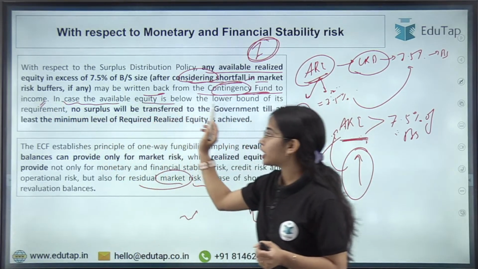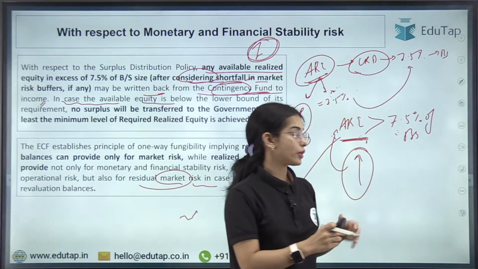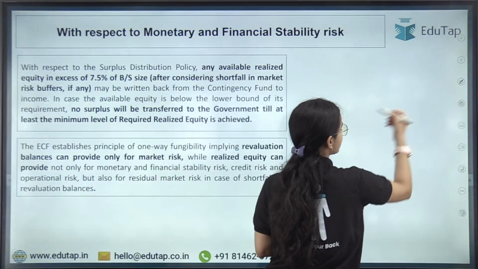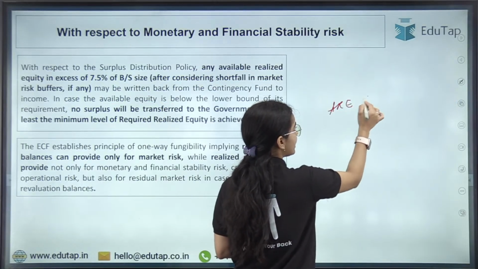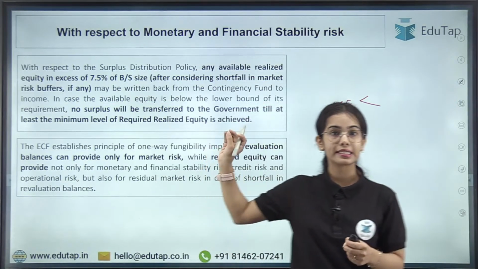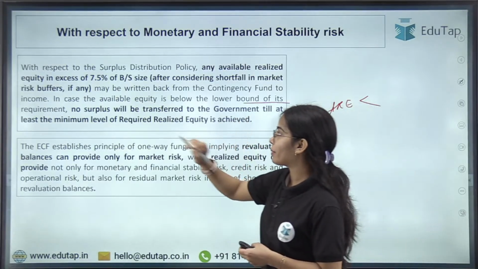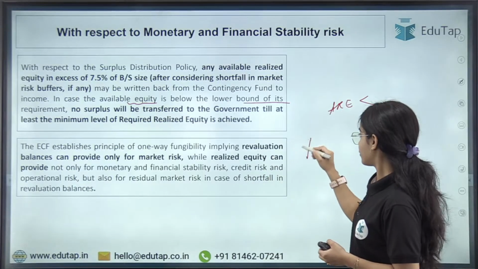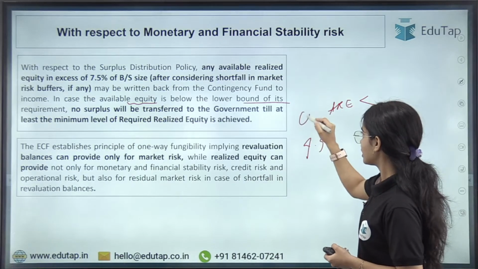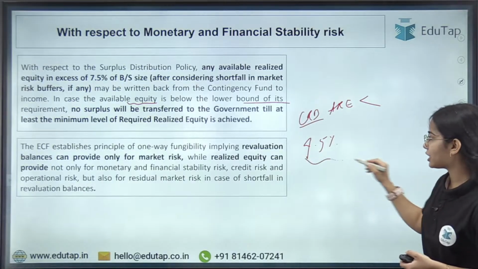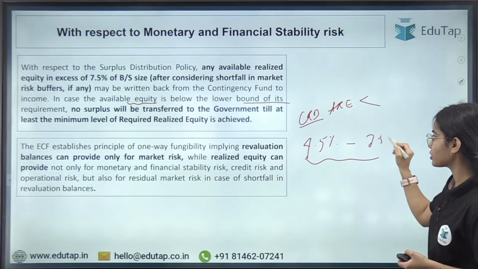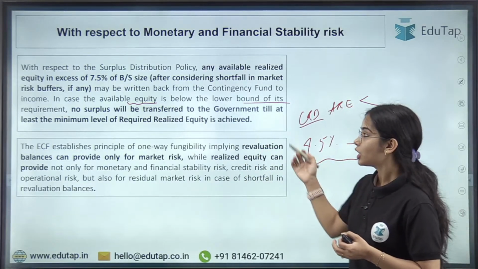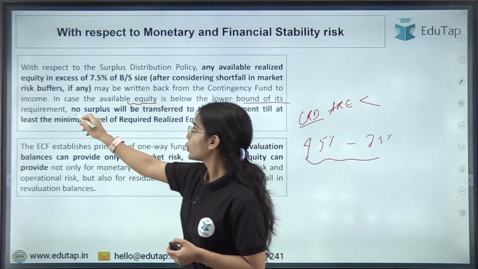In case the available realized equity is less than the lower bound of its requirement, the lower bound for the contingent risk buffer, the range is 4.5% to 7.5%. So if the available realized equity is below the lower bound of its requirement, no surplus.